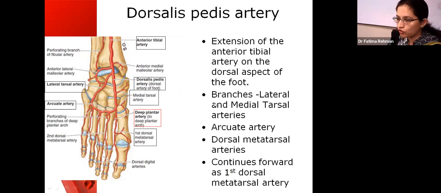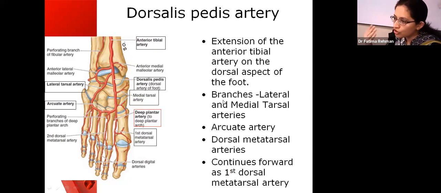Arcuate artery. The origin of the arcuate artery is actually a continuation, or you can say a branch, from the dorsalis pedis artery. So medially it is related to the dorsalis pedis artery, and laterally it is joined by the lateral tarsal artery, which is also a branch of the dorsalis pedis artery.